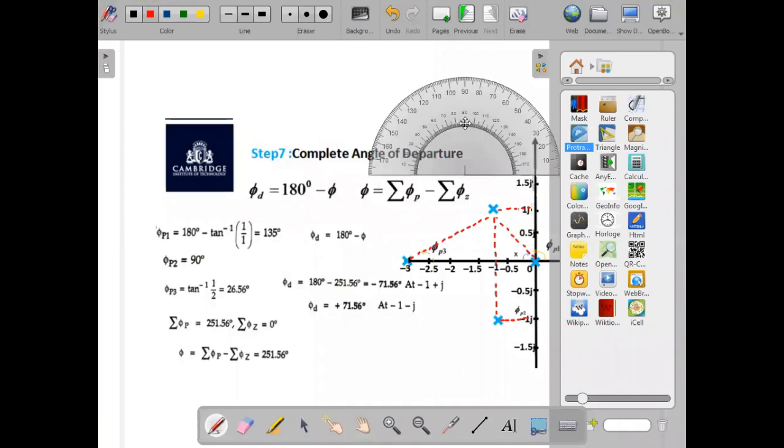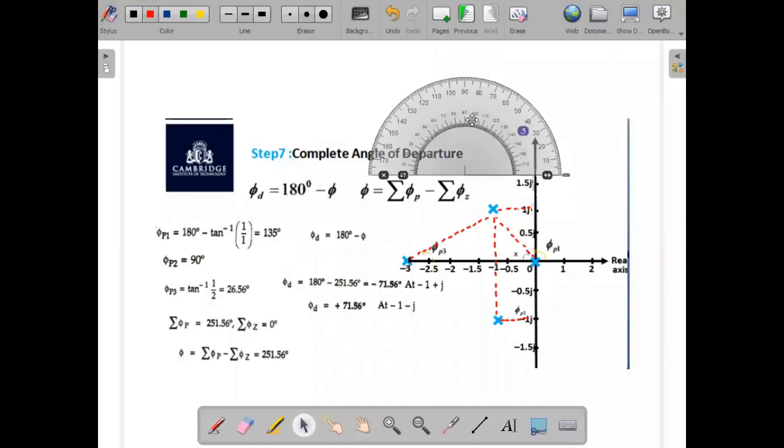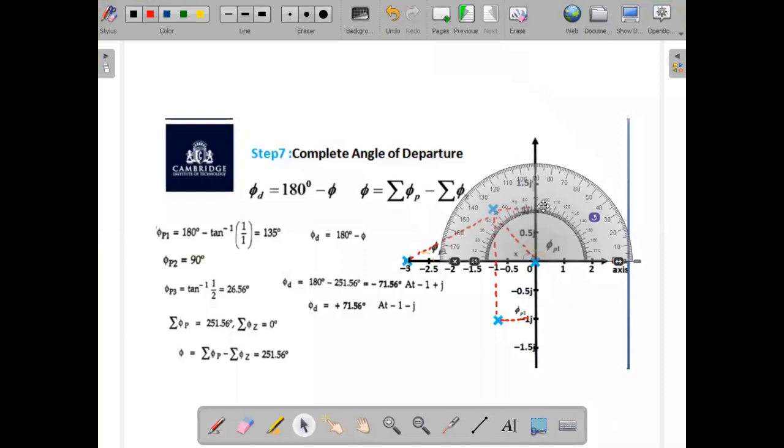Now let me make use of the protractor and let us justify that phi p1 is equal to 135 degree. We can use the protractor or the formula. We can make use of the formula to calculate phi p1. As we have calculated, the angle is exactly 135 degree.